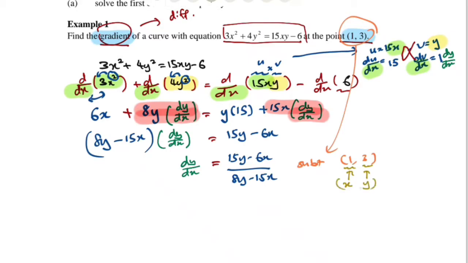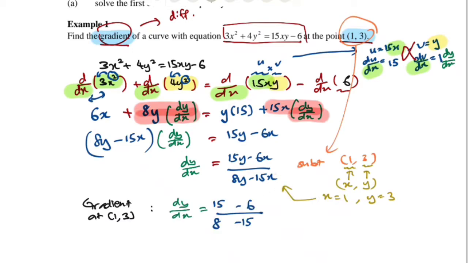Remember, our coordinate is in the form of xy. So this means we have to substitute x equal to 1 and y equal to 3 into this dy over dx term. Next, just replace the x with 1 and then the y with value 3.